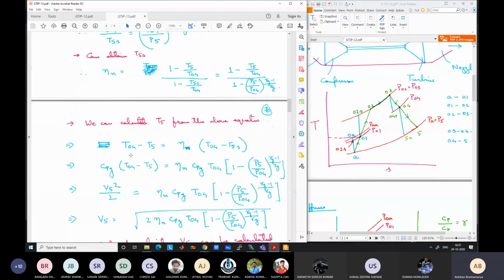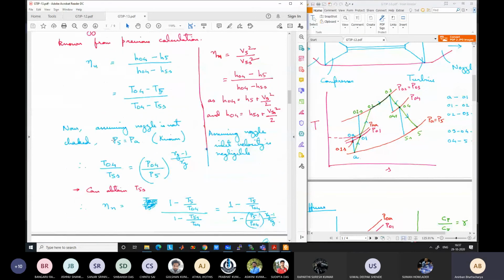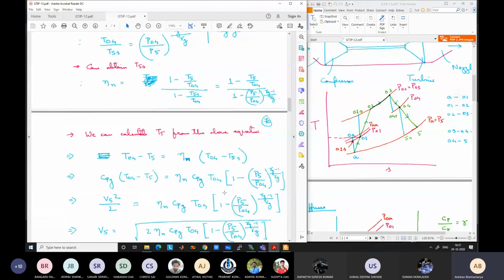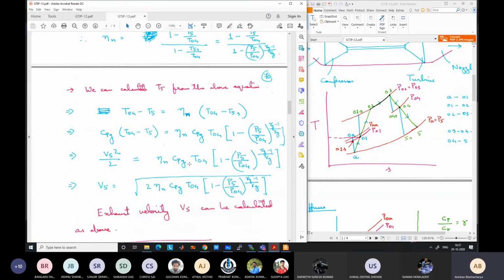So CPG into T04 minus T5 is, from this relation, eta n into CPG into T04 minus T5s. If you take T04 common, you are left with 1 minus T5s by T04, which is given by this expression, the pressure ratio. You should try this calculation on your own.